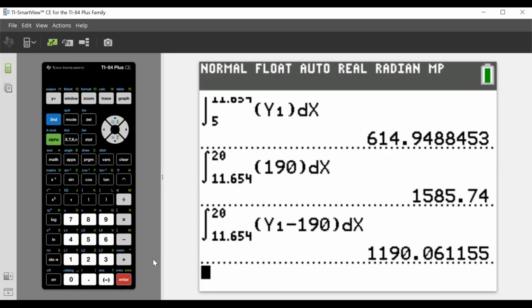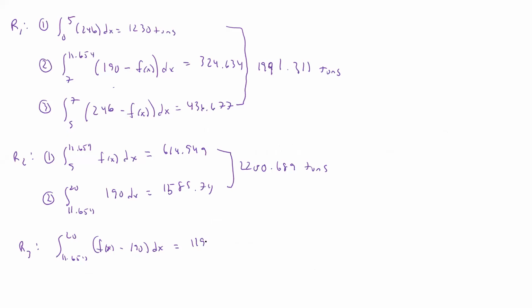And so it looks like we get 1190.061 tons.